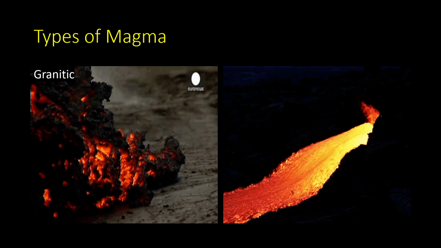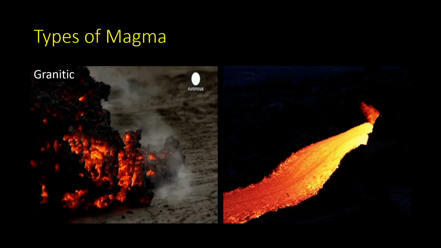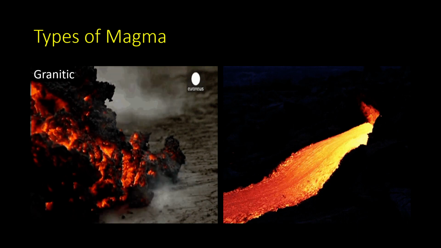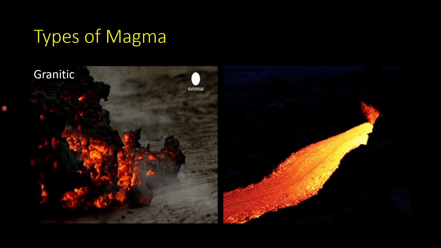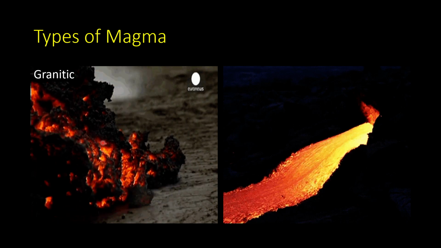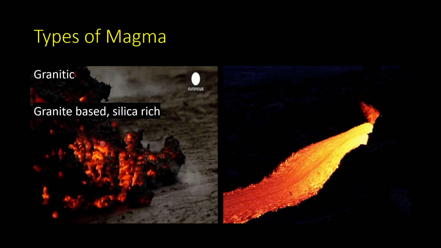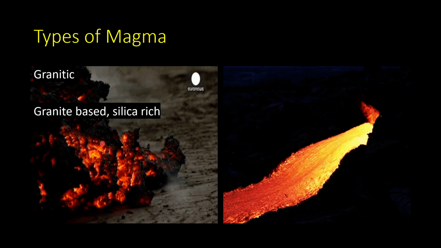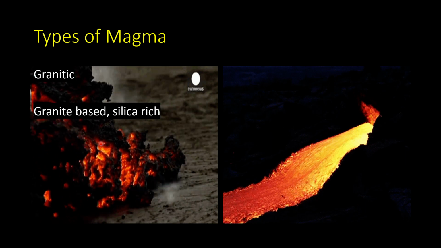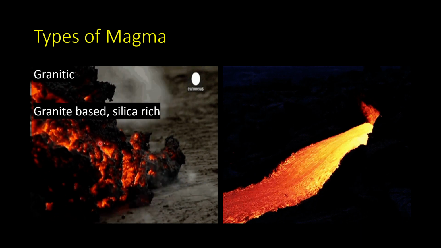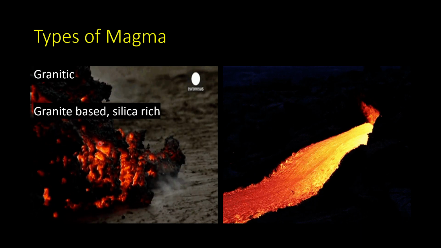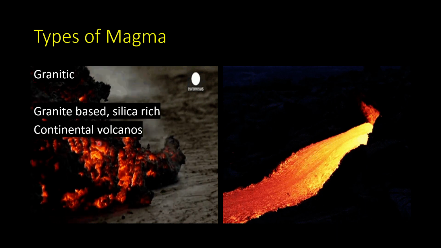Let's talk a little bit more about the two main types of magma. So first is the granitic magma, like we have, let me get my laser pointer, on the left over here. Granitic magma, again, is granite based, made from melted granite, so melted continental crust. It's really rich in a mineral called silica, and silica, when it's in magma, makes it kind of thick and sticky.